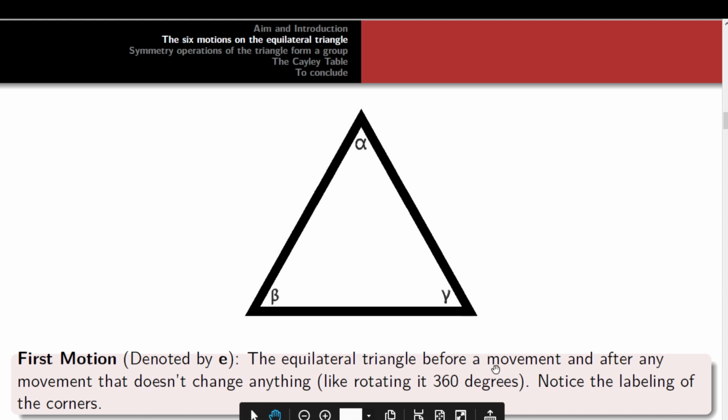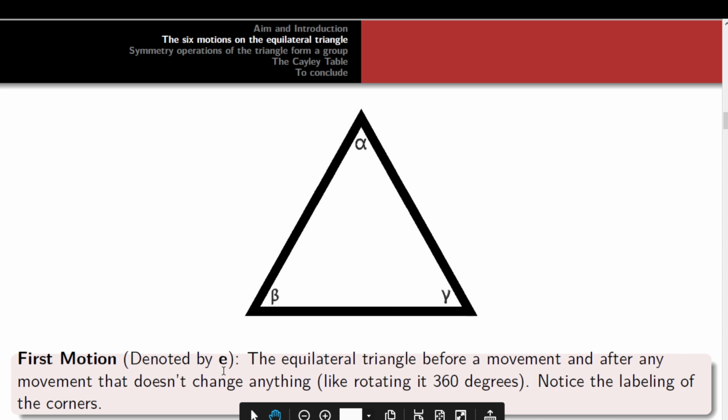You can notice the labeling of the corners. After doing nothing, the labeling will be the same as alpha, beta and gamma, right? The top vertex will be alpha, the vertex to the left of the bottom part will be beta and the vertex to the right of the bottom part will be gamma.